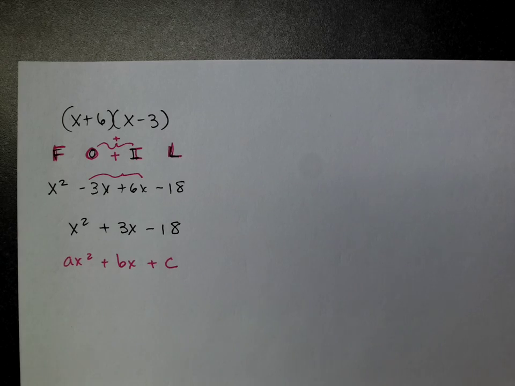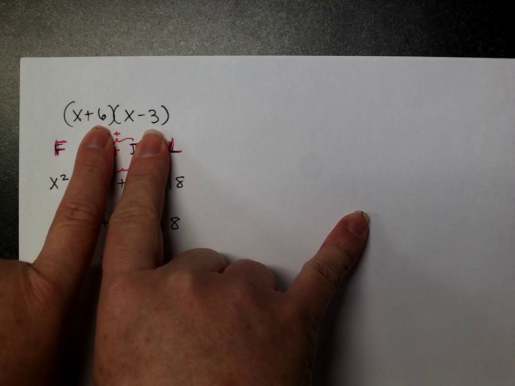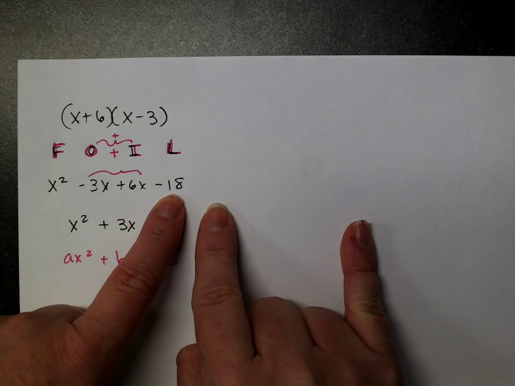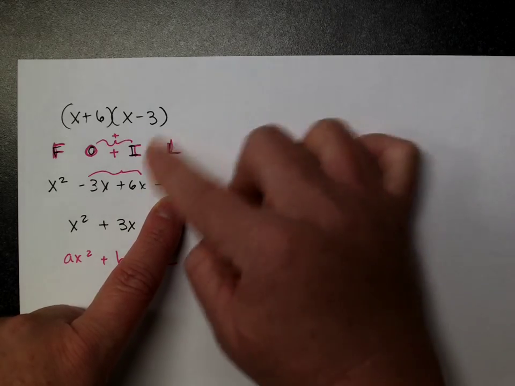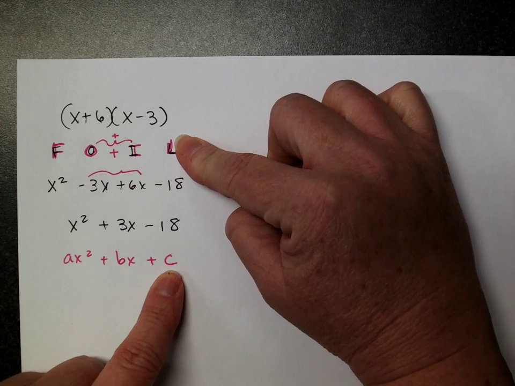Now, look what happens. The L in FOIL is multiplying those last terms, and those last terms are constants. So you get an L that is either positive or negative. And that L, that constant, is the same thing as your C. So when I say L or C, I'm talking about the same number.